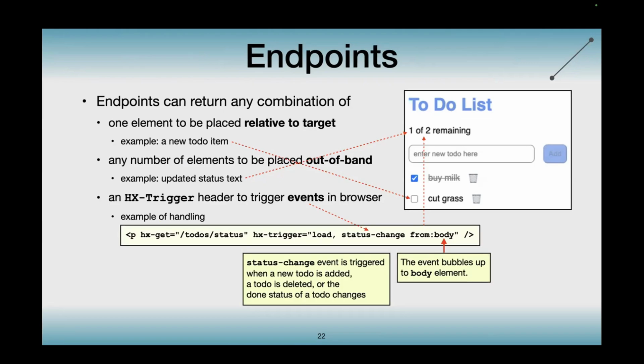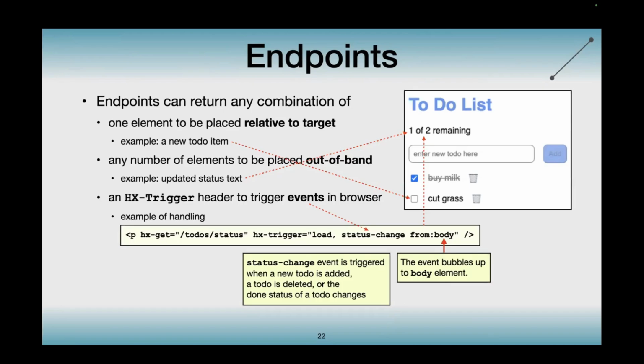But I also could return any number of elements that are placed out of band. And out of band here means that it's not relative to the target, it's somewhere else on the page. And the most common way to specify that is just with an ID of an element that's going to be replaced. And so in this case, when I add a brand new to-do, I need to update that bit of text that says one of two remaining.